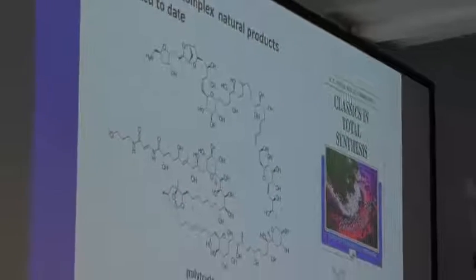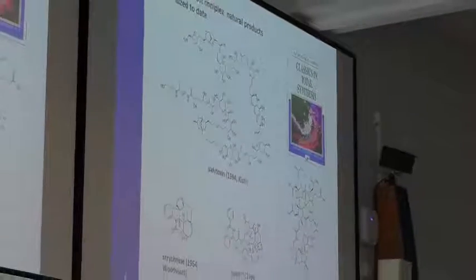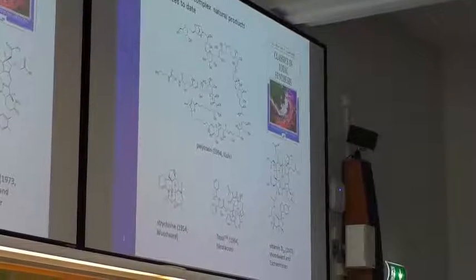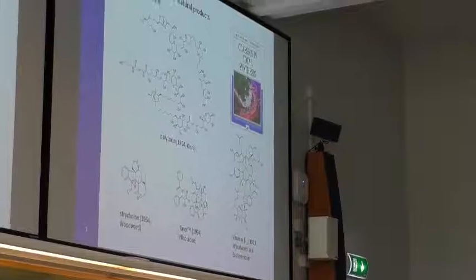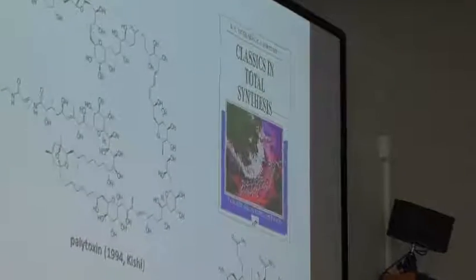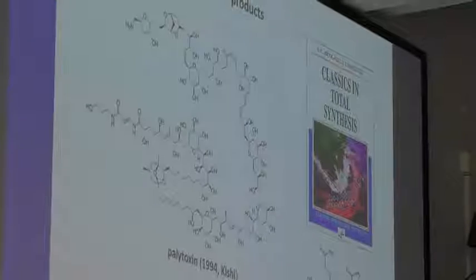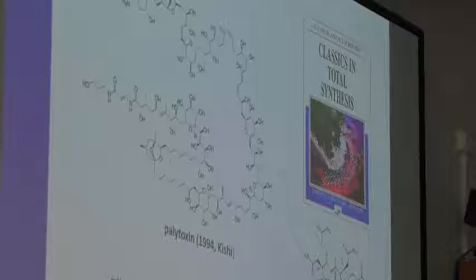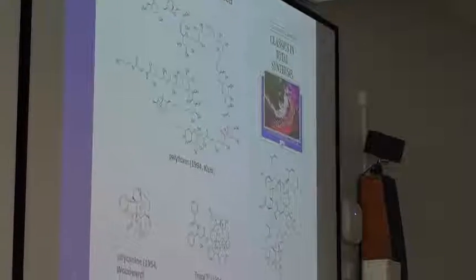This overhead shows some of the most complex natural products synthesized to date. The book Classics in Total Synthesis, written by K.C. Nicolaou and E.J. Sørensen, describes how some of the world's greatest synthetic chemists planned and performed their total synthesis of complex natural products.